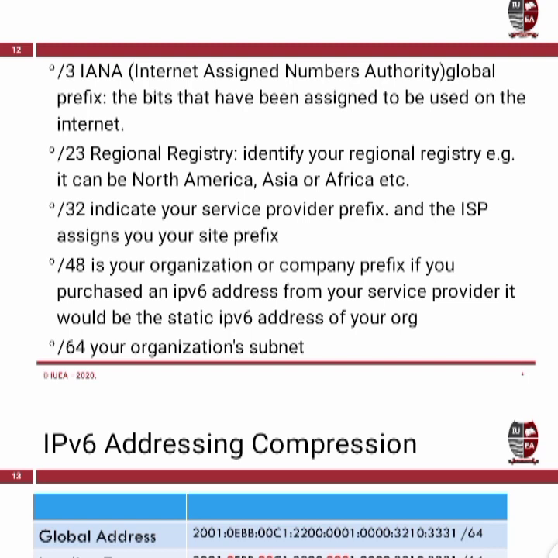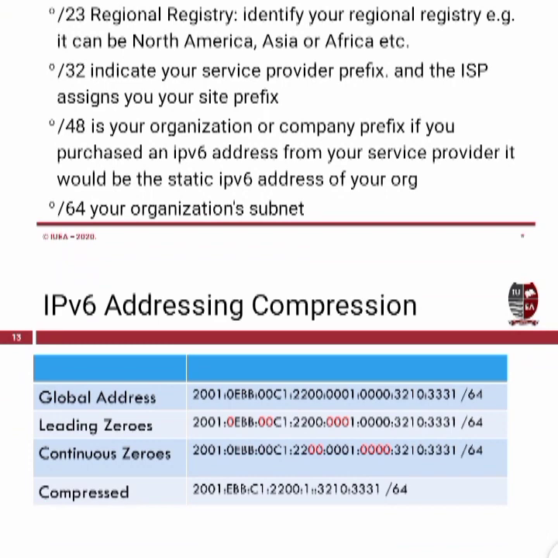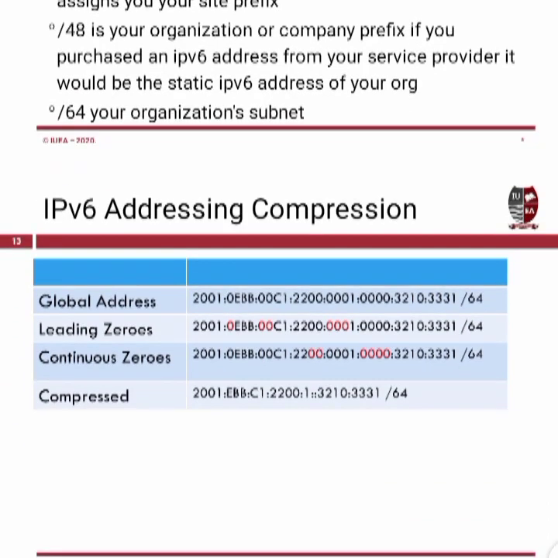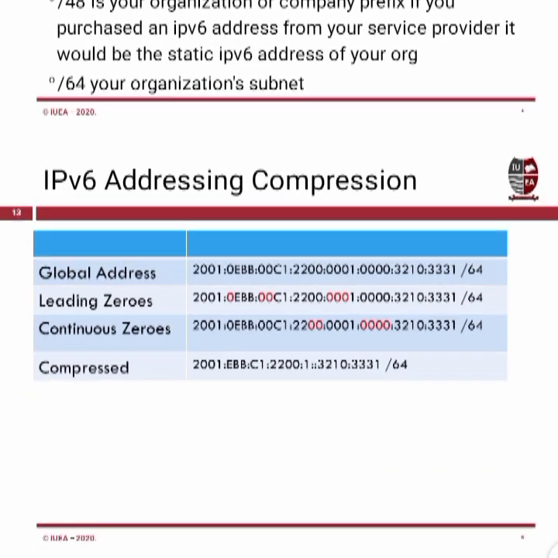If you purchase an IP version 6 address from your service provider, it would be the static IP version 6 address of your organization. 64 is your organization's subnet.